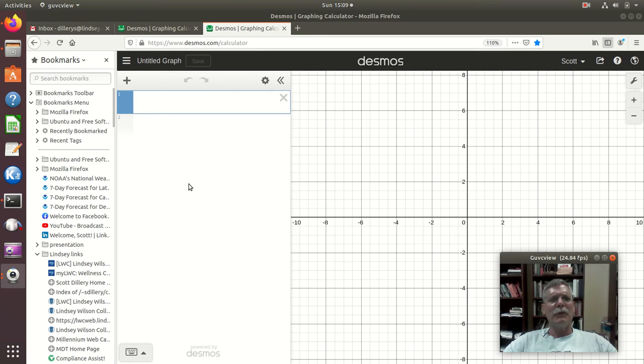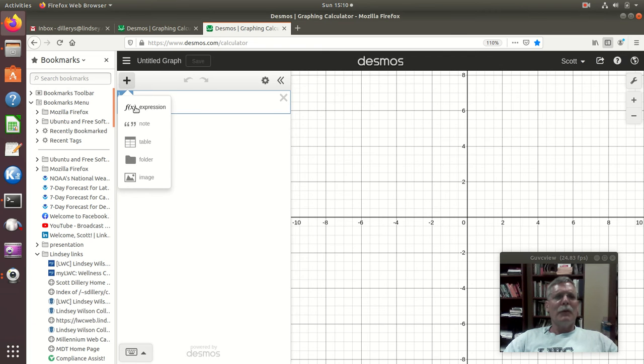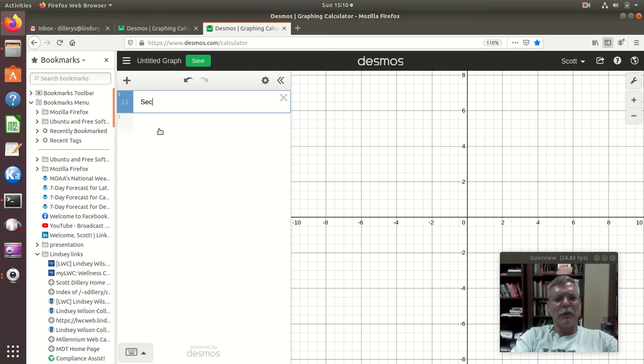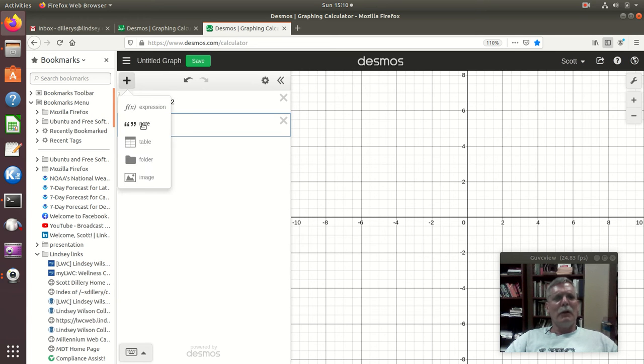I'm going to use Desmos to look at some of the homework problems here. I may end up using the Android to look at some others. But the reason I want to use Desmos is, for instance, if we look at section 1.2 homework, I'm going to add a note here that says section 1.2, and another note that says, hey, this is number 2.